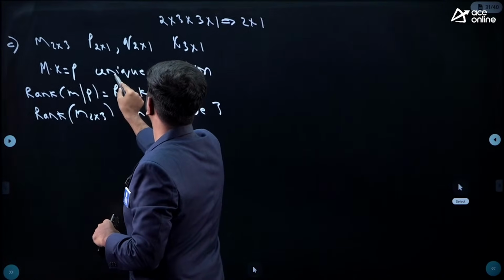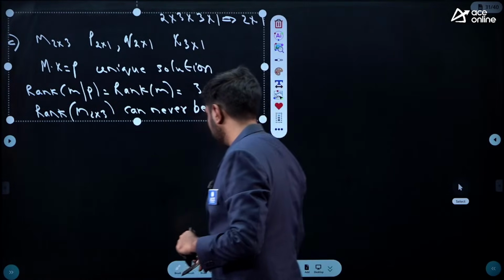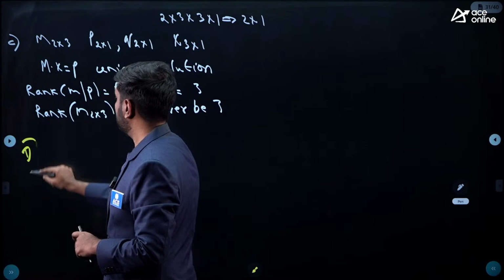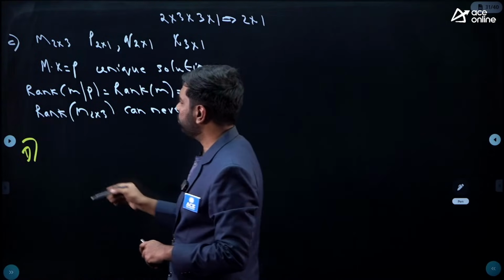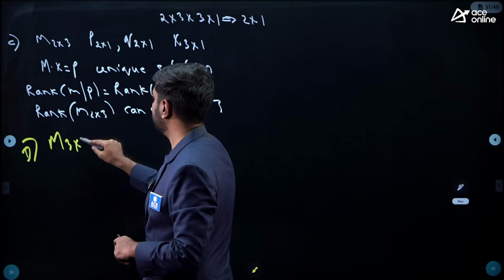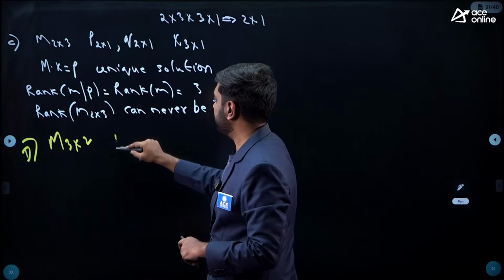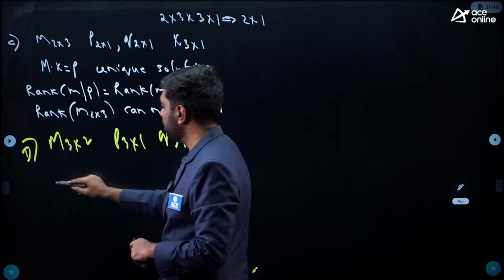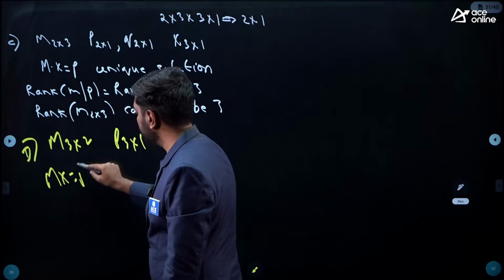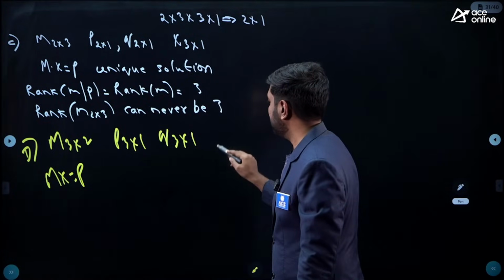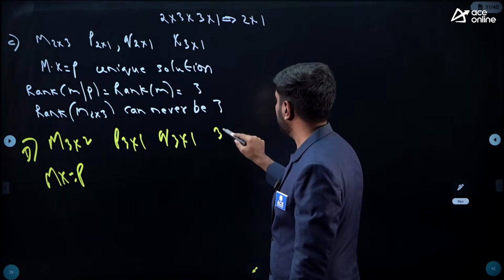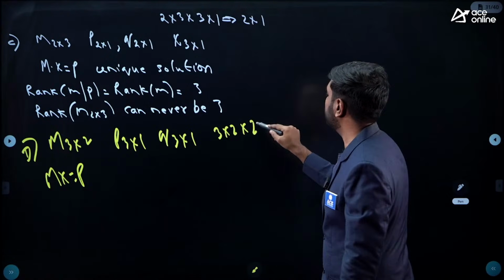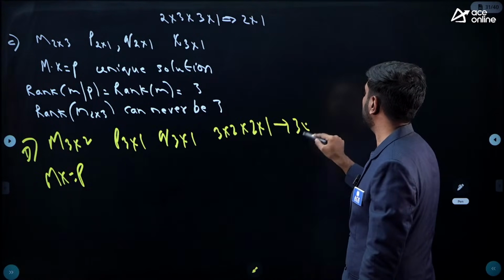Now we are left with one more option, that is D. So let's analyze D. What is M? It's a 3 cross 2 matrix. What is P? It's a 3 cross 1 vector. Q is a 3 cross 1 vector. If you look at Mx equal to P, you take a 3 cross 2 matrix, multiply with 2 cross 1, which leads to 3 cross 1.